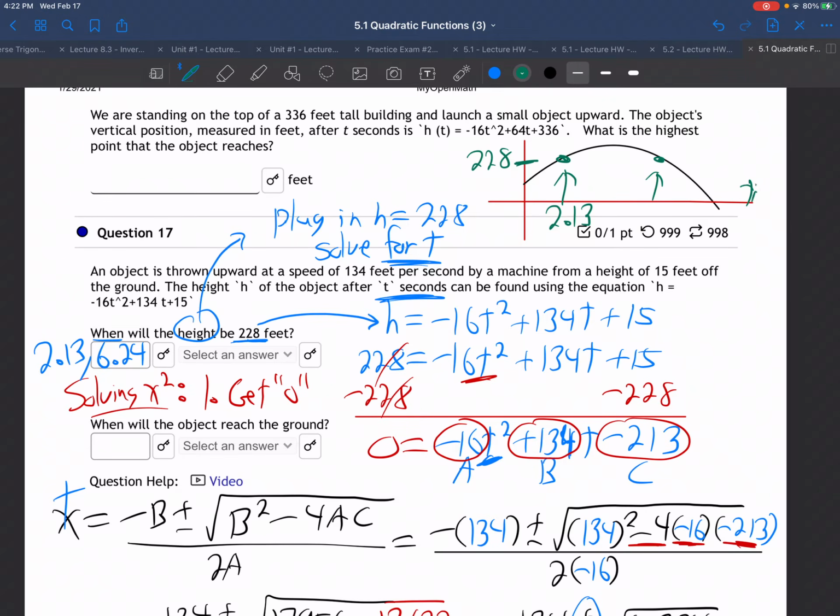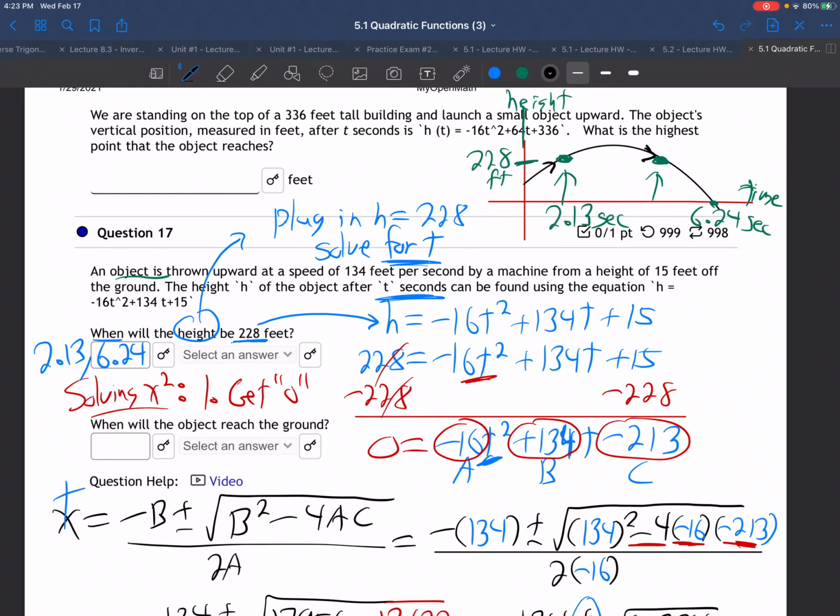This is time on this axis, and this is height on this axis. It's going to be 228 feet high at 2.13 seconds, and here at 6.24 seconds, right? Because the object that's thrown up is going up on the way up, and here it's coming on the way down.